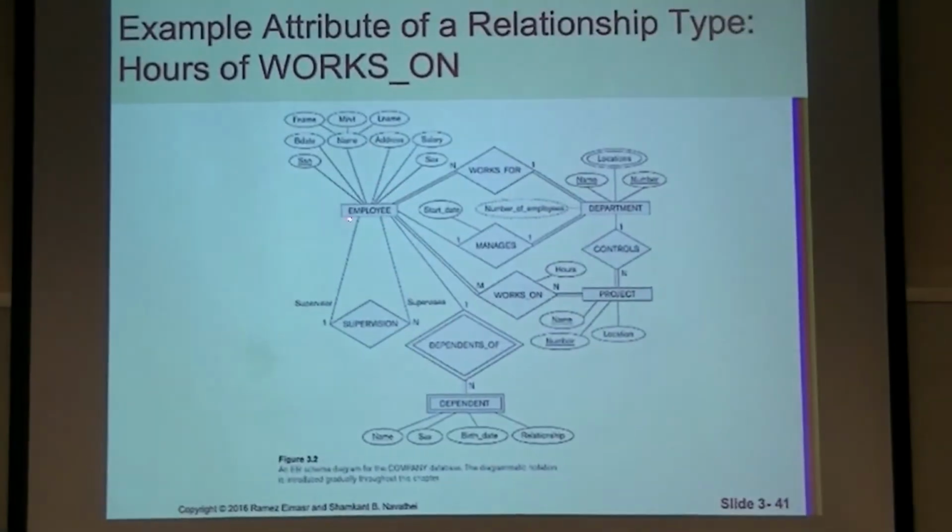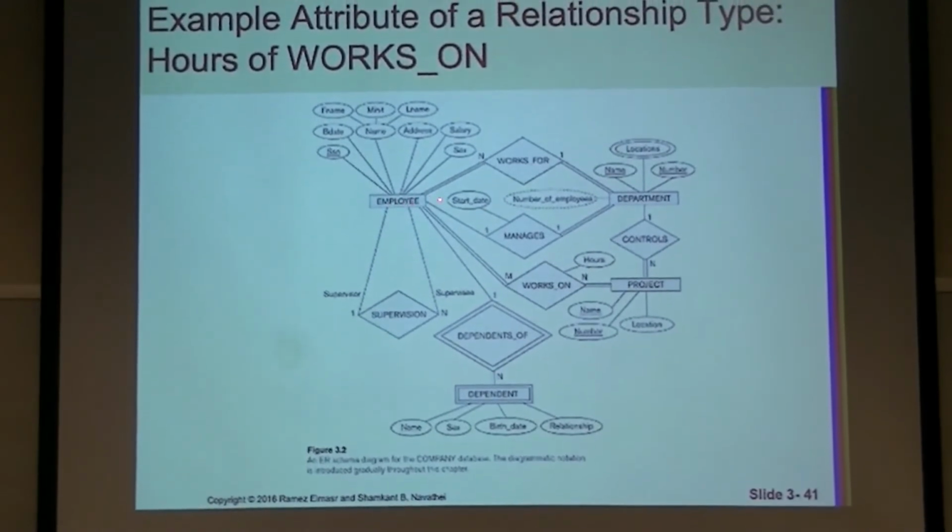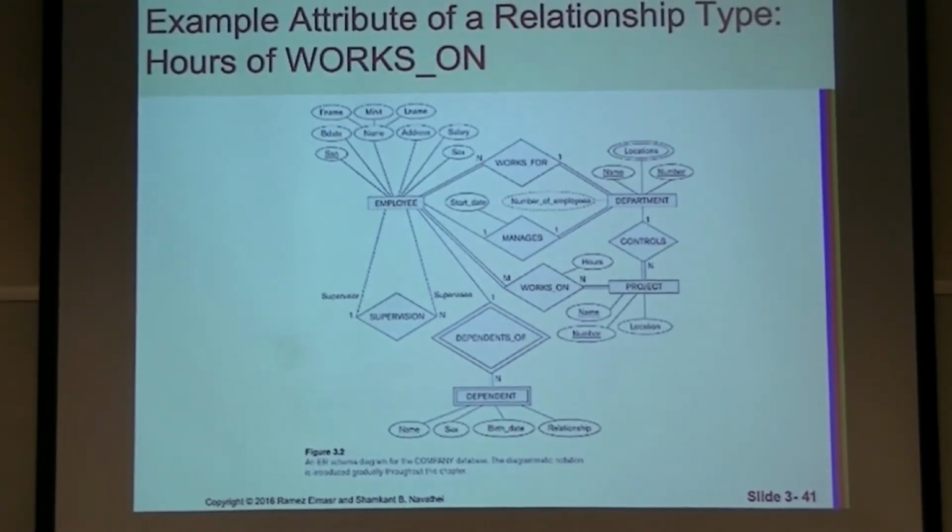For example, we need at least 4 employees per department. When we create a department, we need a manager, a vice manager, a secretary, and an administrator, at least. So when you create the ER diagram, can you represent such a requirement?